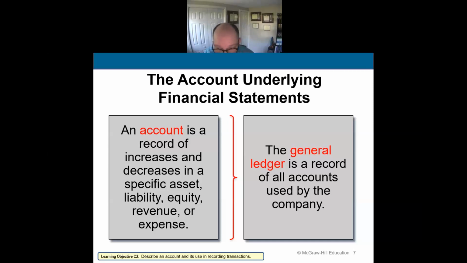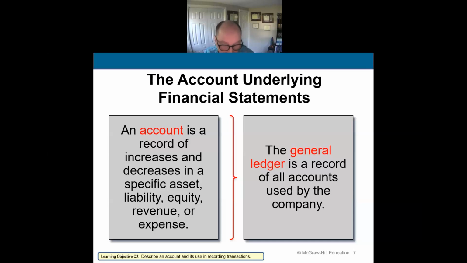And then we have a lot of expense accounts. Some examples would be utilities expense. That's your electric, your water bill, your gas bill. Those are all utility expenses. We have rent expense. We have wage expense. I can keep going, right?